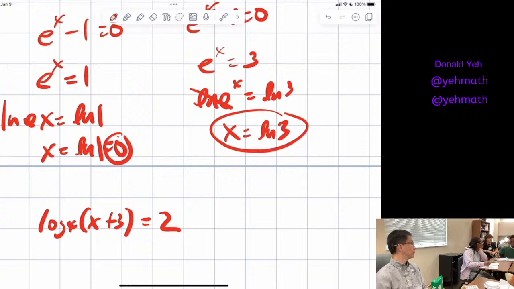Robert? Did you split up the log? You cannot split up the log because it's a plus. It's not log base 4 of x plus log base 4 of 3. You're right.